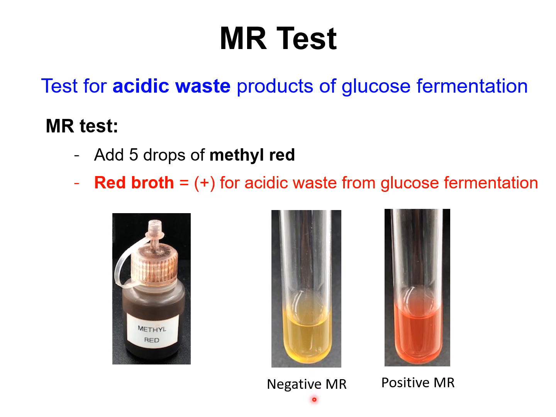This tells you that this bacteria is not producing an acidic waste. Now, if the broth turned that orangey, kind of red color that you are seeing, that means it is positive for methyl red, meaning that your bacteria is producing an acidic waste from fermenting glucose.